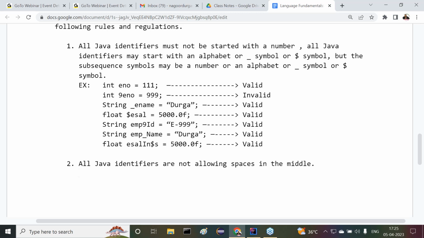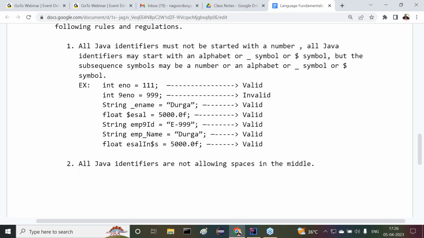One more point: 90% of the errors in Java programming come due to the lack of awareness of these concepts. But if you're strong in this fundamental area, 90% of the errors we are able to remove.